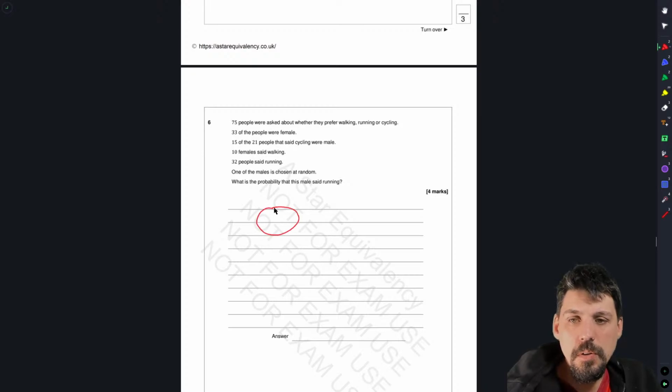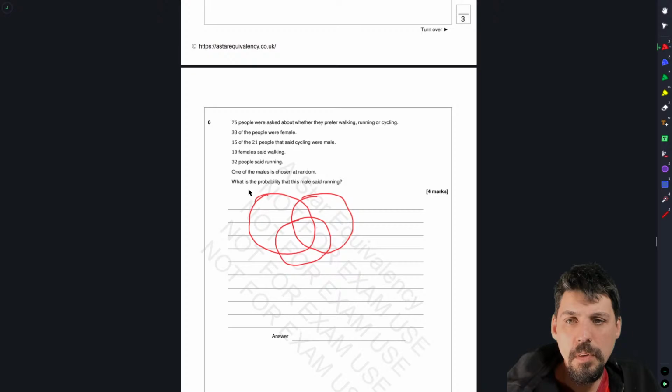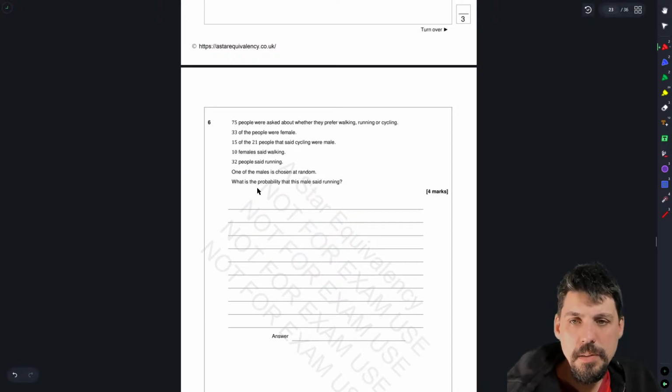Oh, Venn diagram. Let's make a bigger Venn diagram. Two-way table. Male, female, walking, running, cycling.